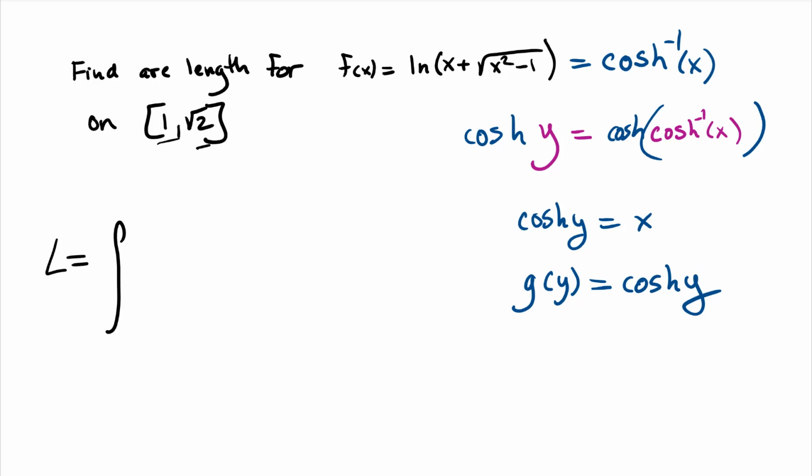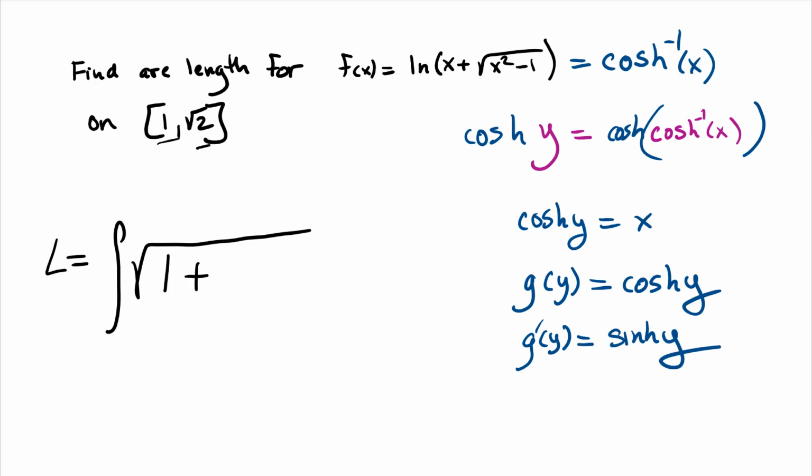We're going to take the square root of 1 plus, and we have to take the derivative on this. So g prime of y is equal to, not inverse, why do I keep saying inverse? Hyperbolic sine of y. And then we're going to square it up. So there we are.